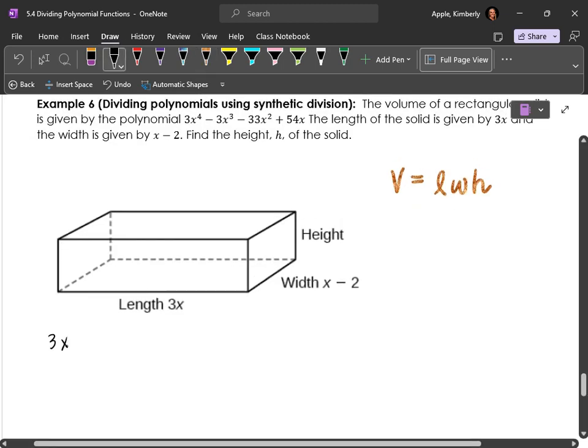So this will be 3x to the fourth minus 3x to the third minus 33x squared plus 54x. That's the volume. So equals the length, which is 3x, times the width, which is x minus 2, times h. And we're going to try to solve for h here, right?